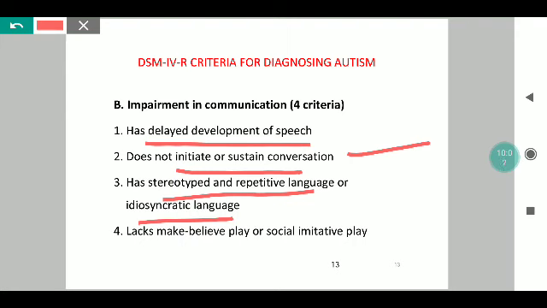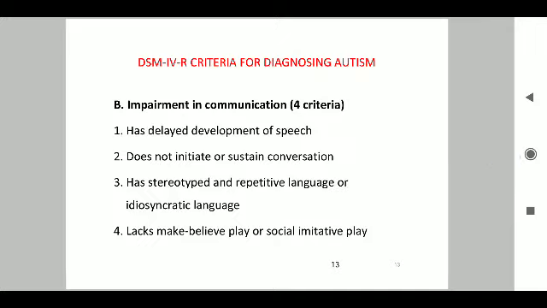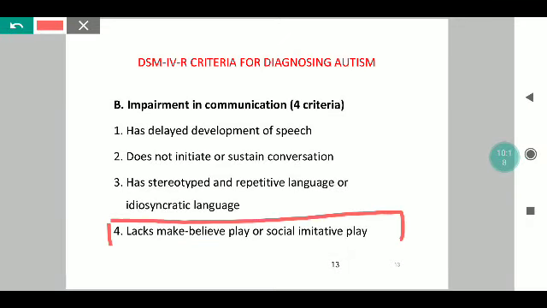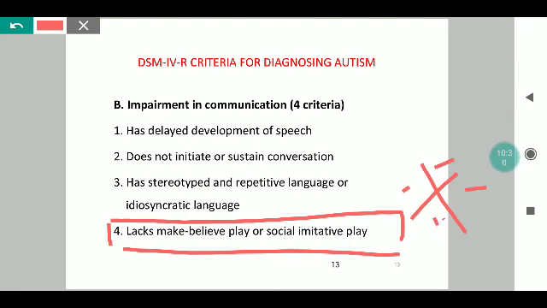Now, in the initial years, we all know that the vocabulary of a child is limited, but if the development of the vocabulary is not proportionate to what is expected for age, then it is to be considered as abnormal. And finally, this is often the point with which parents do bring their children forward. The inability for make-believe play or inability for social imitative play is definitely a red flag sign as far as diagnosis of autism is concerned.